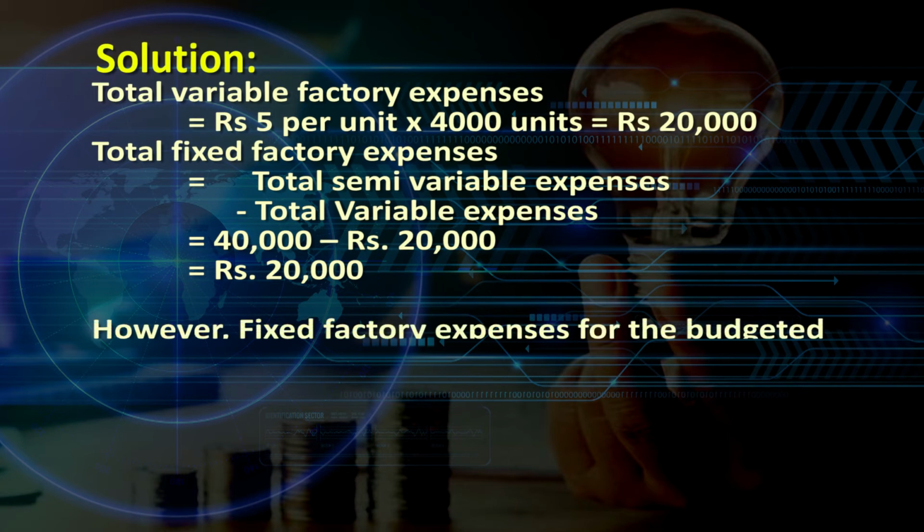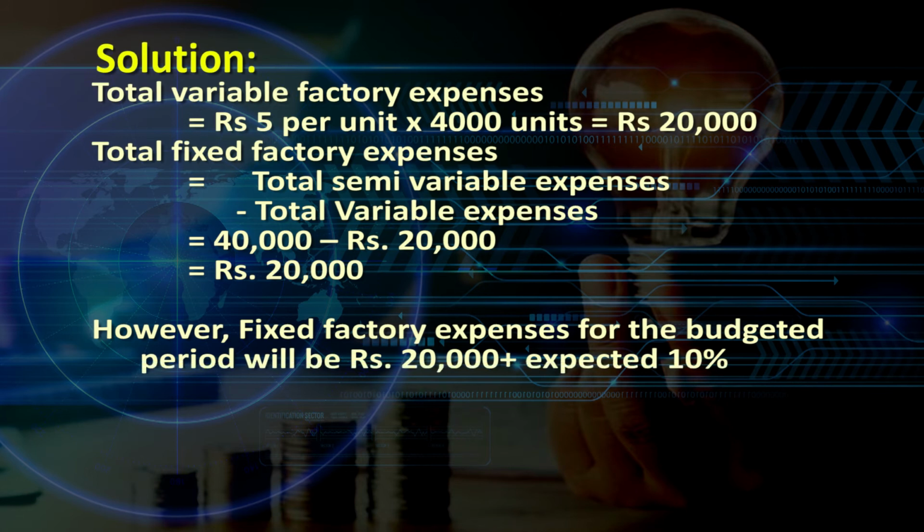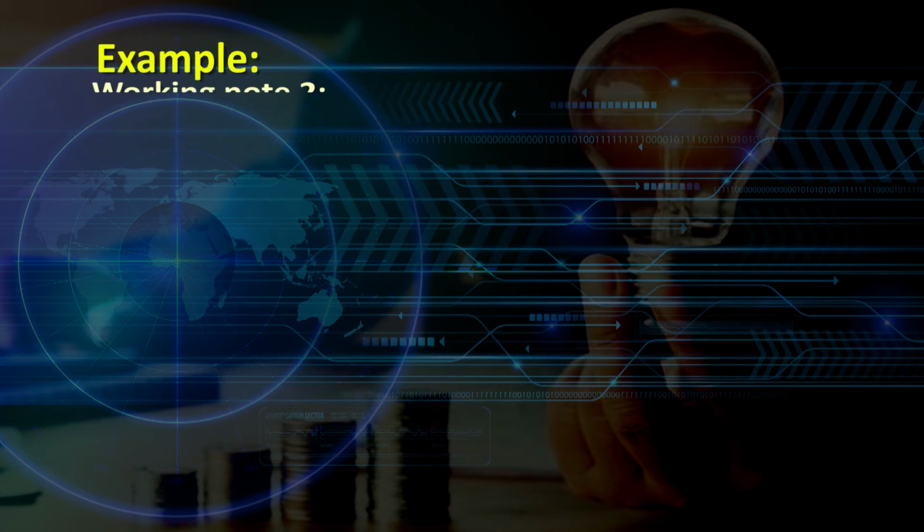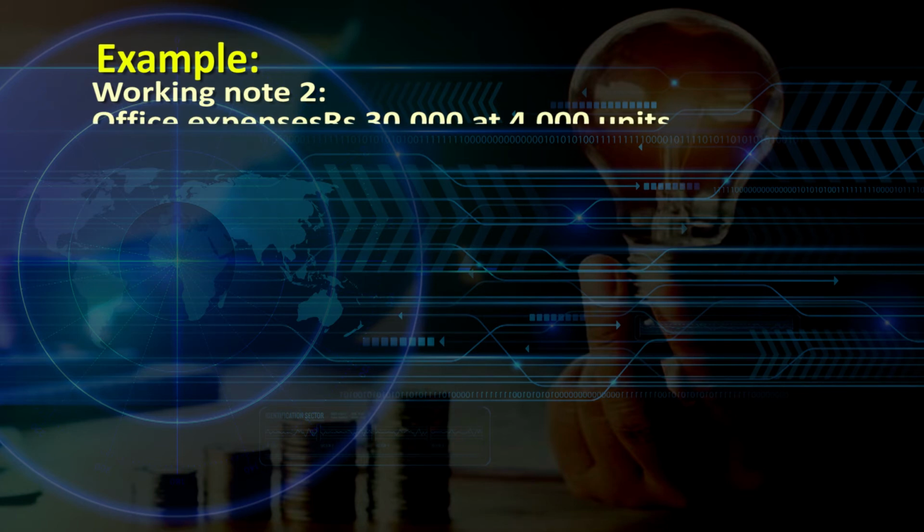However, fixed factory expenses for the budgeted period will be rupees 20,000 plus expected 10% increase of rupees 2,000, which equals to rupees 22,000.